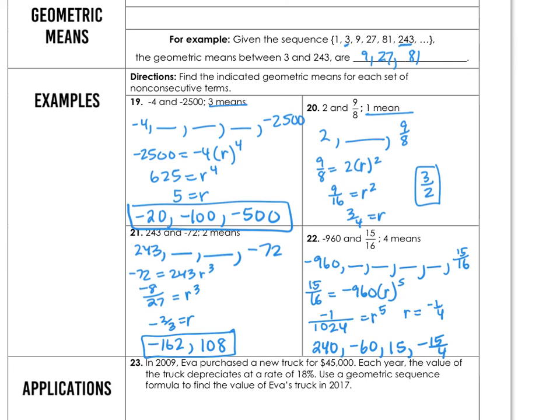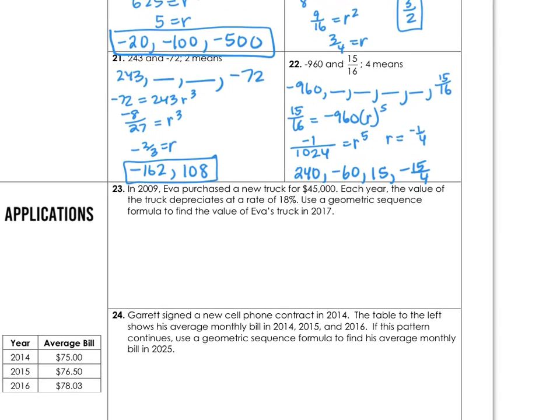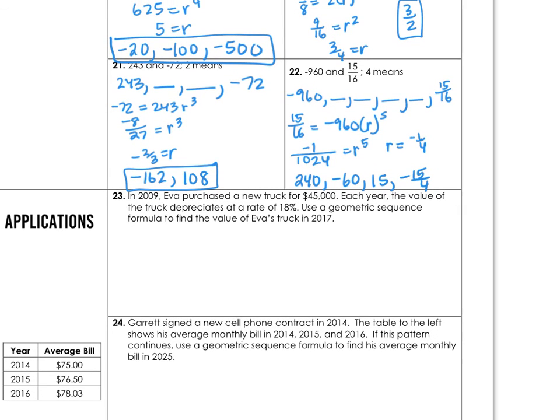All right, all we've got left is a couple of application problems here. So in 2009, Eva purchased a new truck for $45,000. Each year, the value of the truck depreciates at a rate of 18%. Use a geometric sequence formula to find the value of Eva's truck in 2017. Okay, so originally it's $45,000 for the truck.